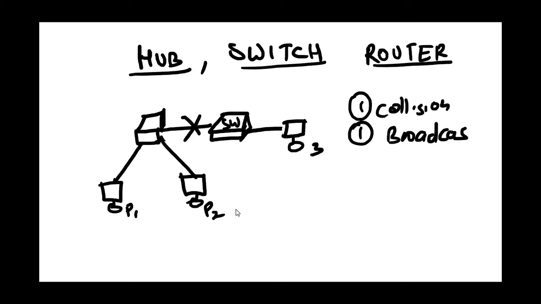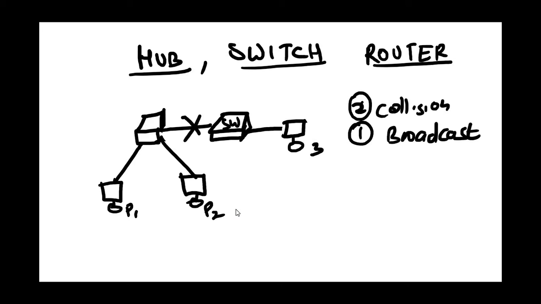It will not be delivered to P3 because what the switch does is break the collision domain. So P3 will not receive the message from P1. So this is how the switch works. And in a switch there are two collision domains and one broadcast domain.